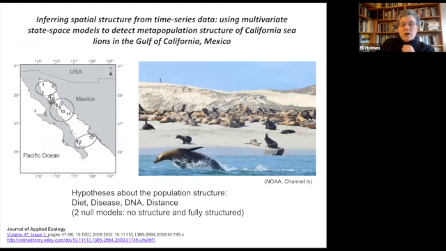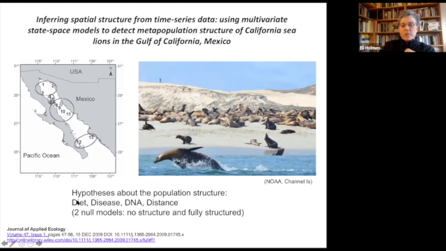They had data on all these different haul-outs and rookeries. They're going there year after year and sampling. And they wondered what structures the population. The biologists had these different hypotheses. One was diet, one was disease, the other one was relatedness.